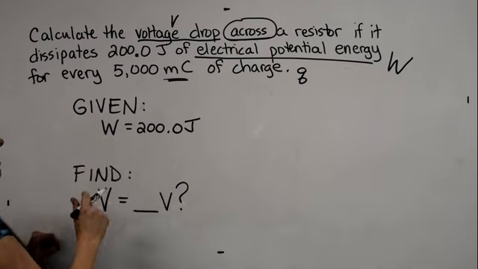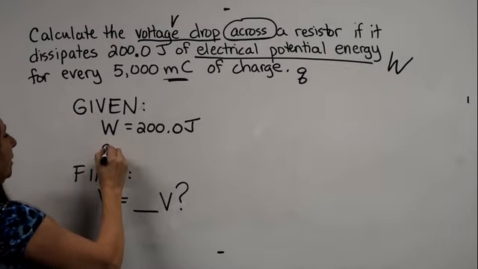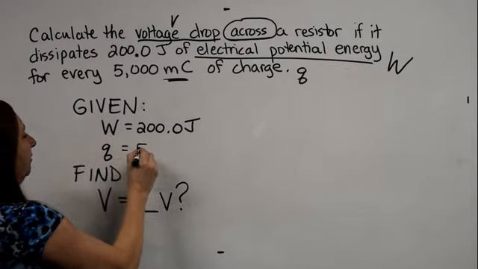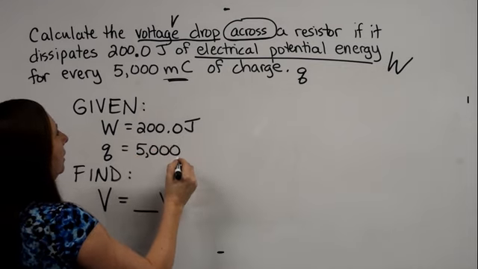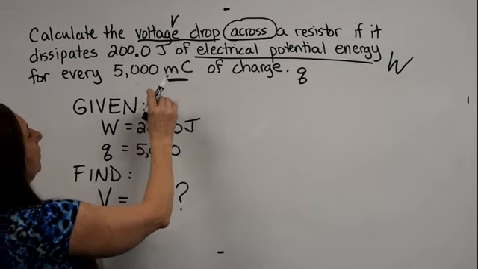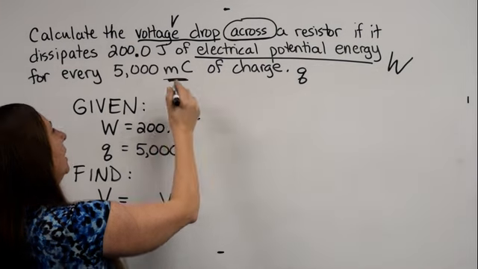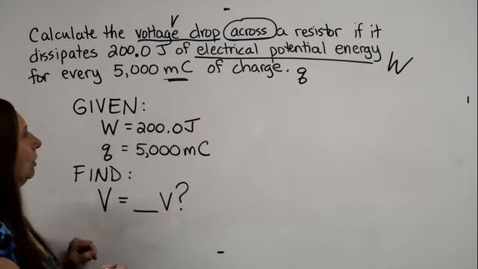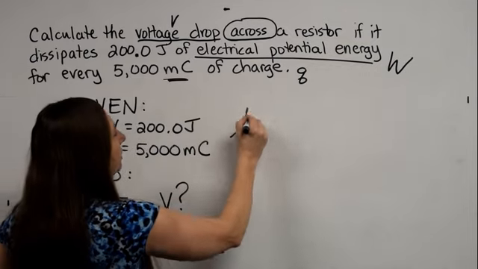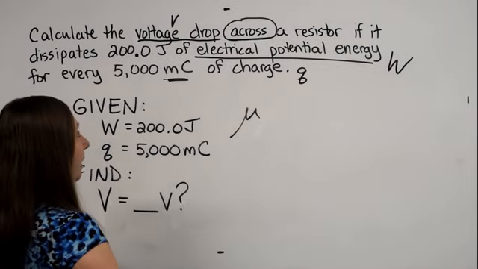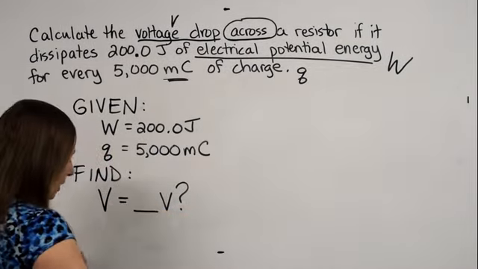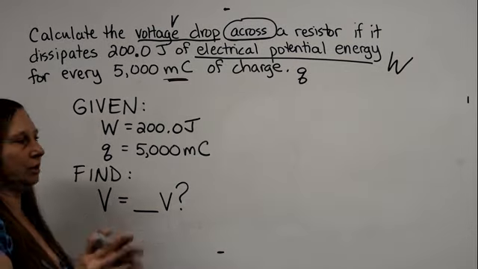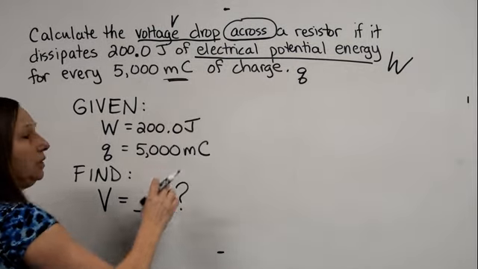For every 5,000 millicoulombs, the charge is 5,000 millicoulombs. Ooh, millicoulombs, not micro. Be careful. Micro is that, not M. That's millicoulombs, so 1,000 of these to a coulomb.